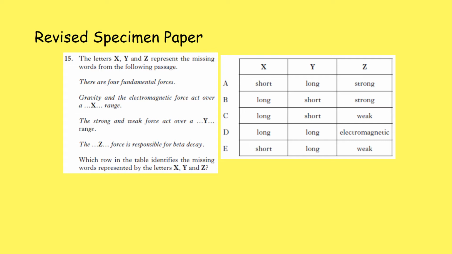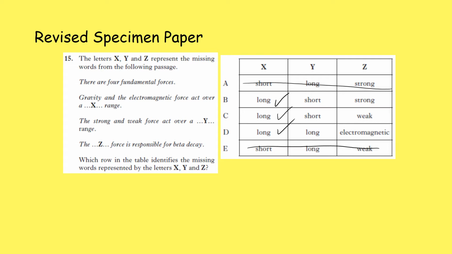Right, well, first of all, gravity and electromagnetic force act over a long range. If you think about it, you've got gravity, which acts on objects which are in space, similarly with electromagnetic force. So it has to be long, cutting out A, cutting out B. The strong and the weak force, they act over a very short range.